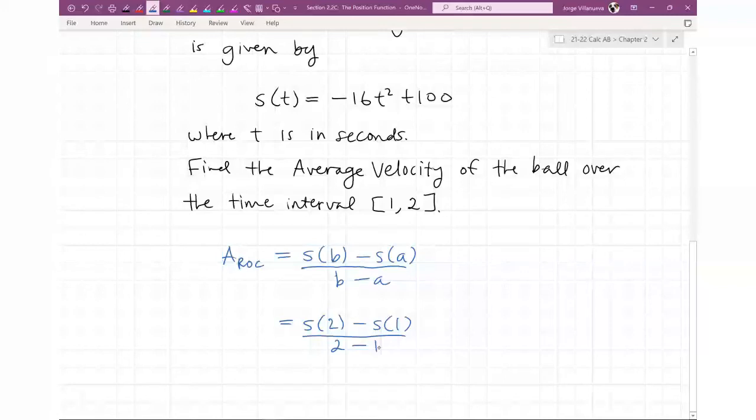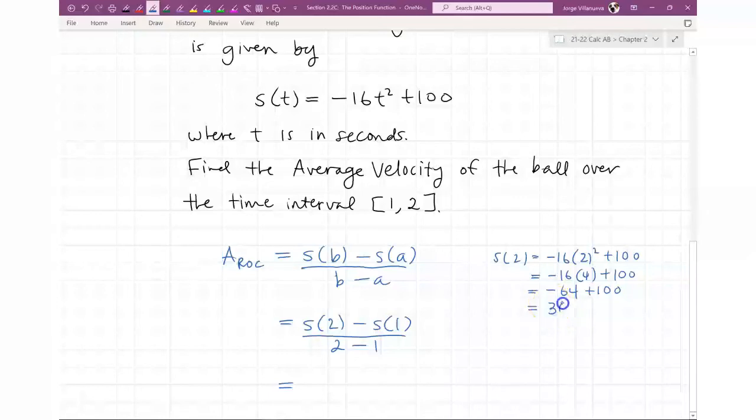Okay, now S of 2, I'm going to have to plug that into that formula, right? So we'll just do a little scratch work here. S of 2 will be negative 16 times 2 squared plus 100. That's negative 16 times 4 plus 100, which is negative 64 plus 100. Right, so we're going to get, what is that, 36?